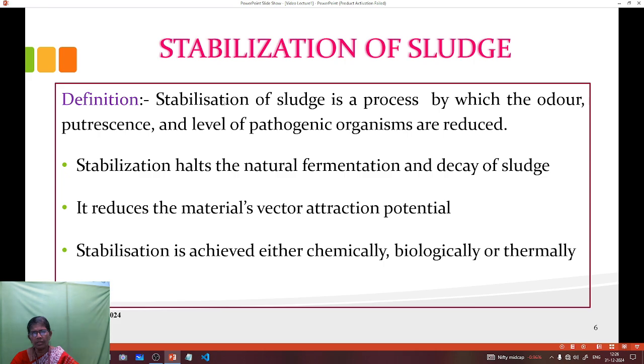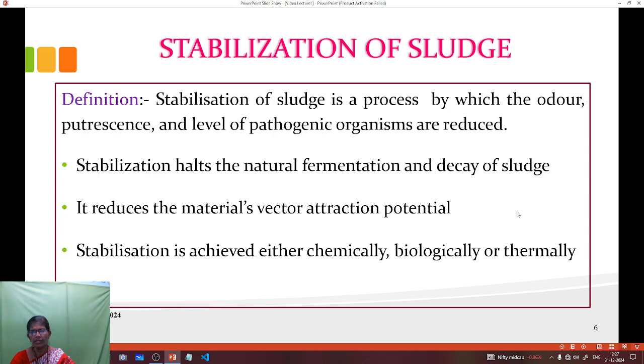This process is called stabilization. After stabilization, the sludge will not ferment or decay, and the vector attraction potential will be reduced, that is, attraction of flies or rats. So that attraction potential will be reduced.